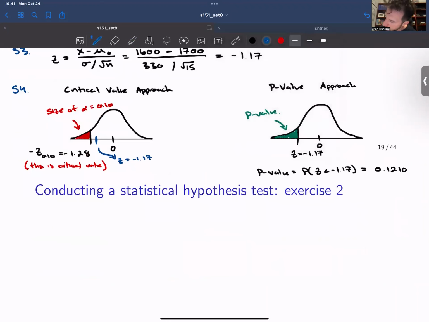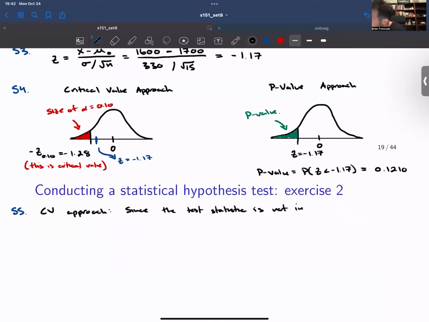Now on step 5, I make a decision about H0. If I take the critical value approach, what I would say here is, since the test statistic is not in the rejection region, do not reject H0.